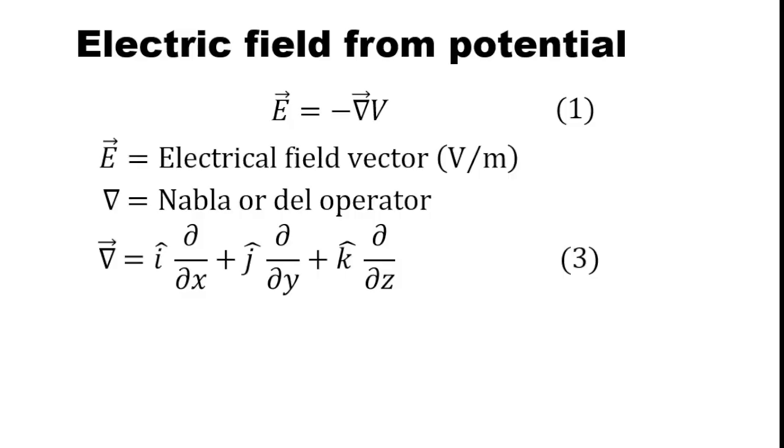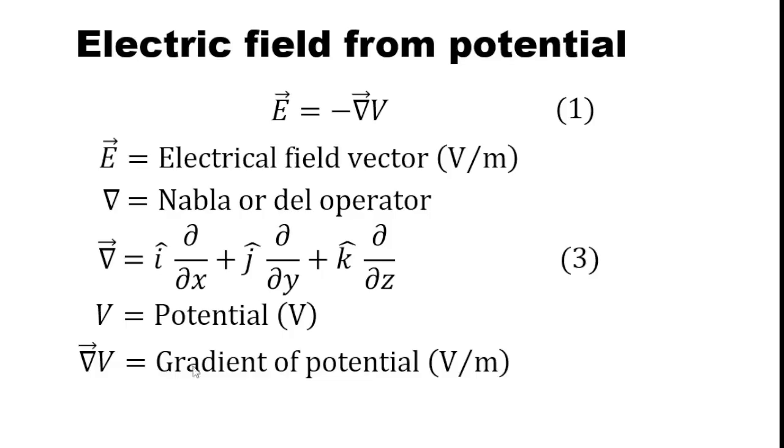This del operator is equal to i unit vector times partial derivative with respect to x plus j unit vector times partial derivative with respect to y plus k unit vector times partial derivative with respect to z. And this V is the potential. We measure it in volts. And this del V is called the gradient of potential. It is measured in volts per meter.